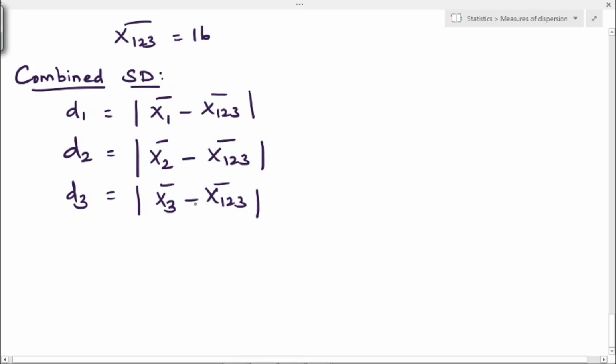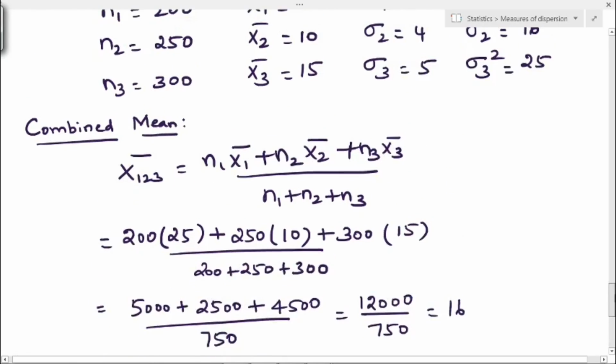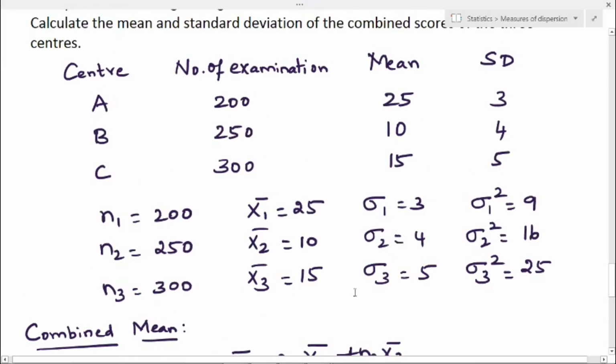Next we have to calculate the combined standard deviation. Before that, we have to find the d1, d2, d3 values. The formula for d1 is the modulus of x1 bar minus x1 2 3 bar. X1 bar is 25, x2 bar is 10, and x3 bar is 15.